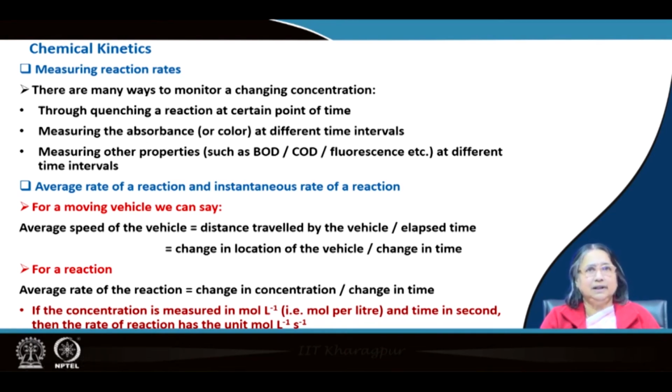So, you can easily find out the rate. This is the average rate, okay. And if the concentration is in moles per liter, say for example, and the time you measure in seconds, then the rate of reaction has the unit moles per liter per second. It is easy.